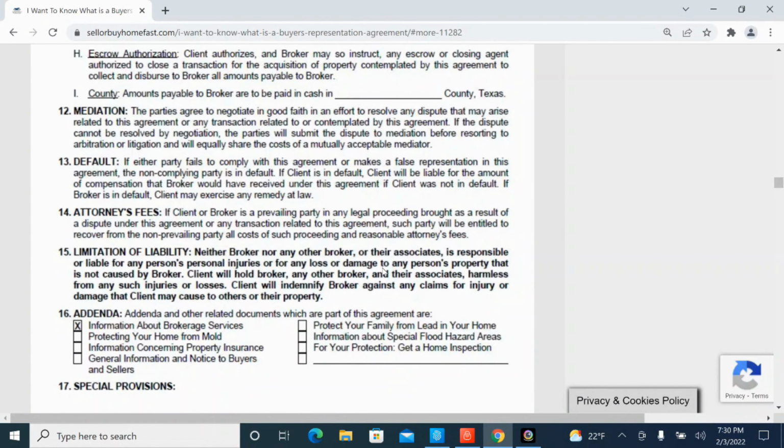But all in all, this is what mediation is. It means that if for some reason you and the agent cannot come to terms on the particular amount of the agreement, then a third-party mediation company will come in to help settle the dispute between the two of you. Okay, number 13 talks about the default.